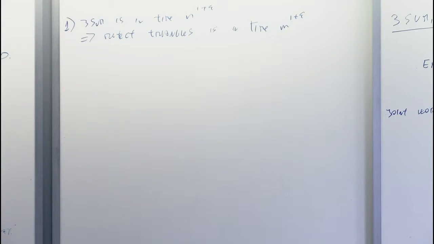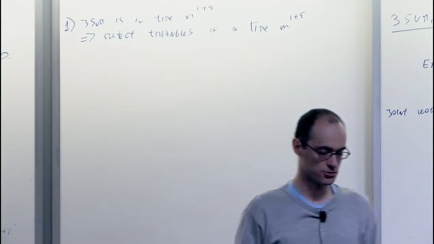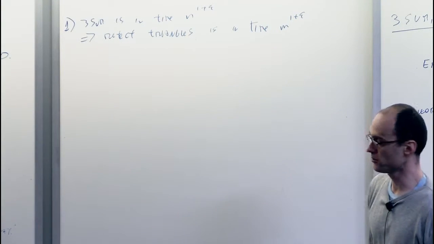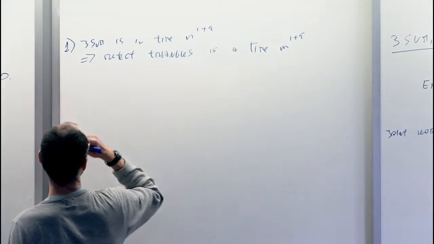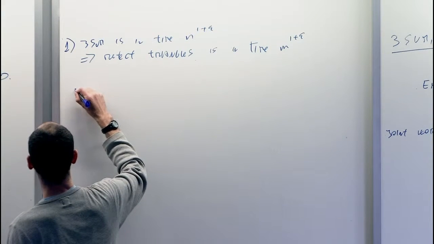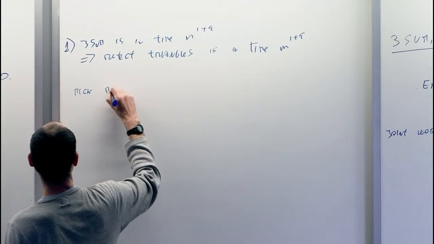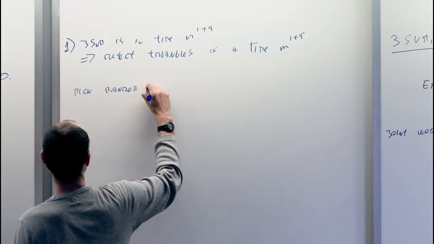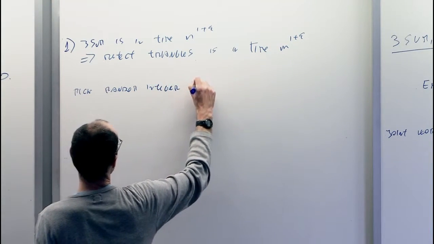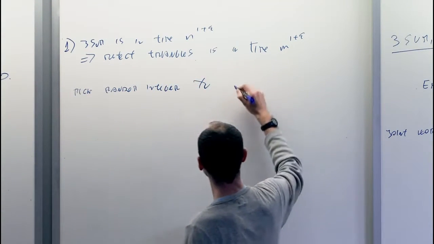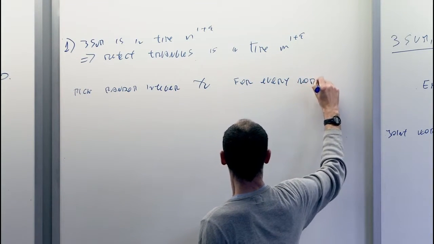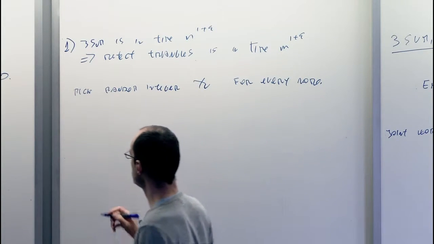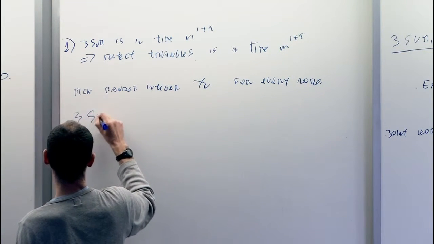All right, so as I mentioned earlier, this basic randomized idea is also in this paper by Patrascu, although in a different context. So here's the idea. We're given a graph. So we're going to pick a random integer x sub u for every node. And then the three-sum instance is the following.